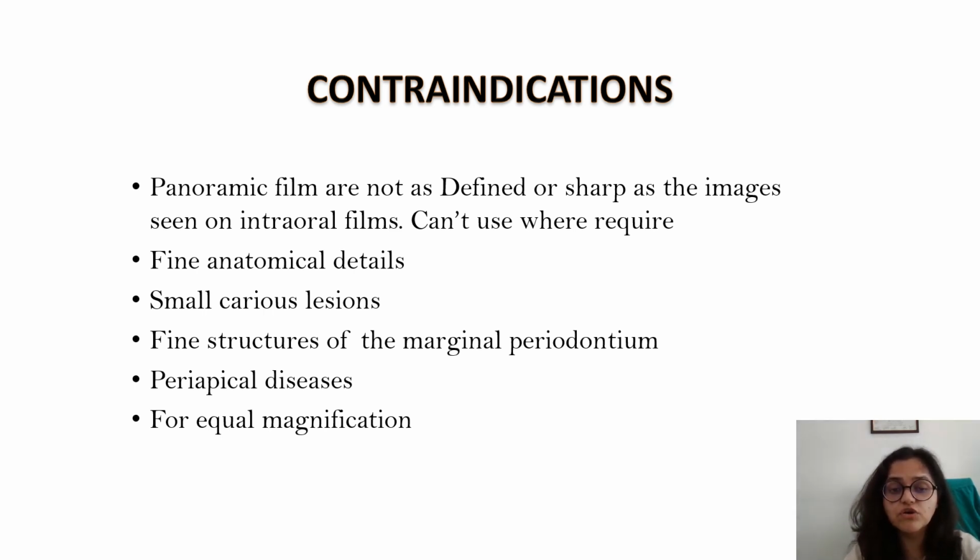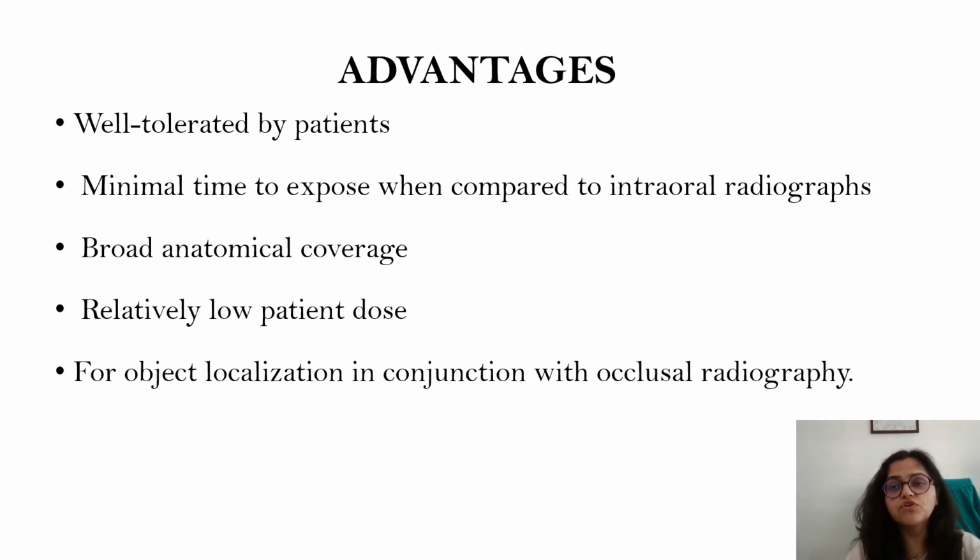Small carious lesions cannot be appreciated in OPGs, fine structure of the marginal periodontium is not evident, periapical diseases cannot be well appreciated, and there is unequal magnification. Advantages: it is well tolerated by the patient, takes minimal time to expose compared to intraoral radiographs, gives broad anatomical coverage, and has a relatively low patient dose. It is also used for object localization in conjunction with occlusal radiography.